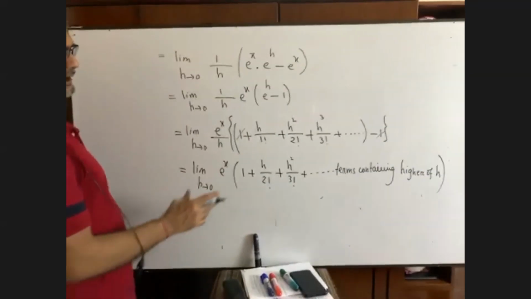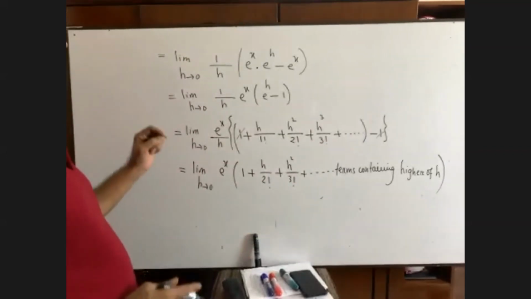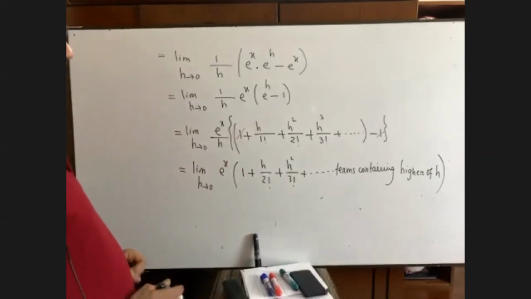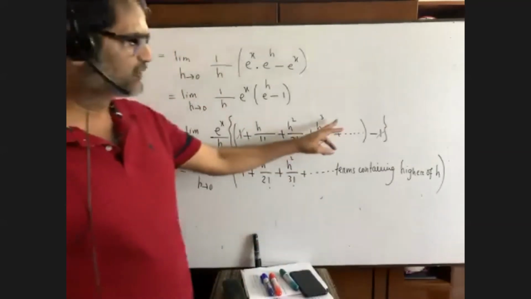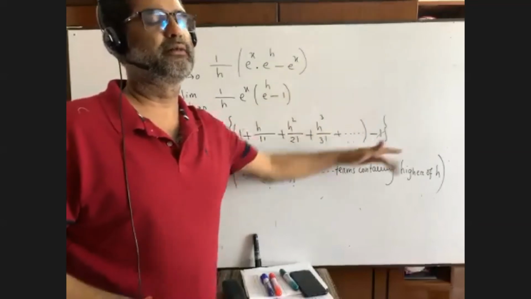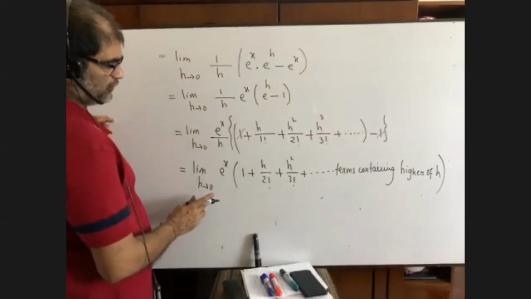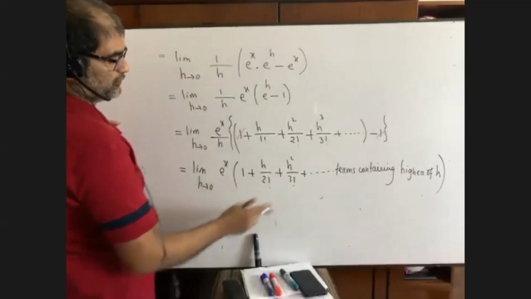That is, there will be h everywhere. Terms containing higher powers of h, that is h⁴ by something, h⁵ by something, h to the power 100 by something. Now you put h equals 0, you see it will be 0.